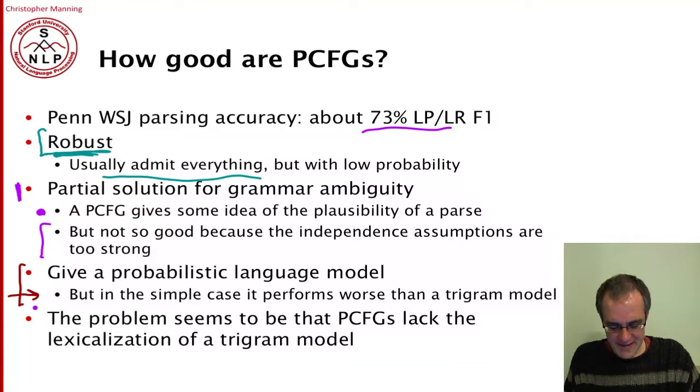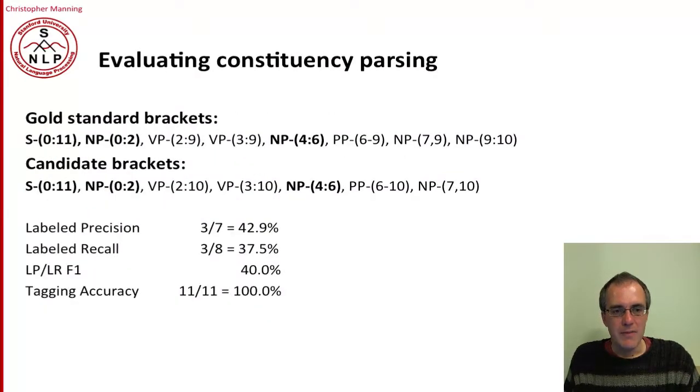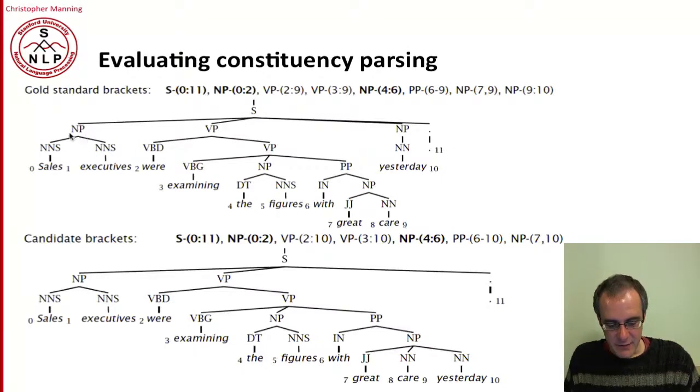And the reason that seems to be is that PCFGs lack the lexicalization of a trigram model. So what do we mean by that? Well, if you're looking at this PCFG, most of the rules are of the nature VP rewrites as VBD VP, rules that are expanding without any reference to what words are actually used in the sentence.